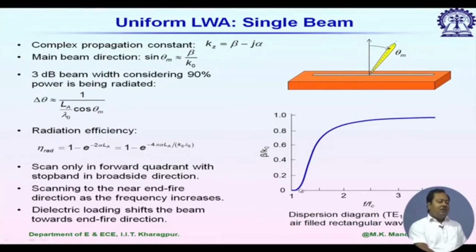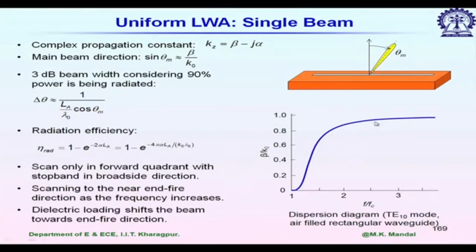Radiation will start with some positive value of theta m, maybe 5 to 10 degrees, and then as we increase the operating frequency, beta by k naught increases. So, theta m will increase, and the highest possible value is where beta by k naught converges to 1, which is approximately 90 degrees. So, for this type of antenna, scanning is possible by frequency sweep.